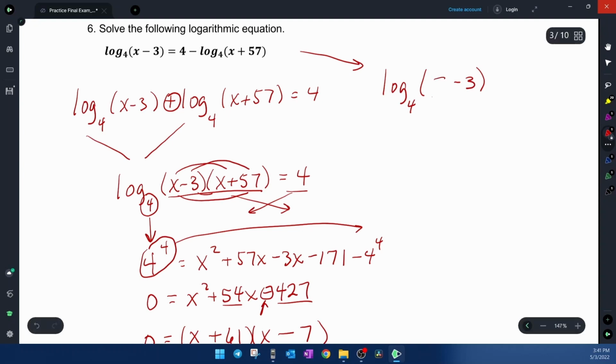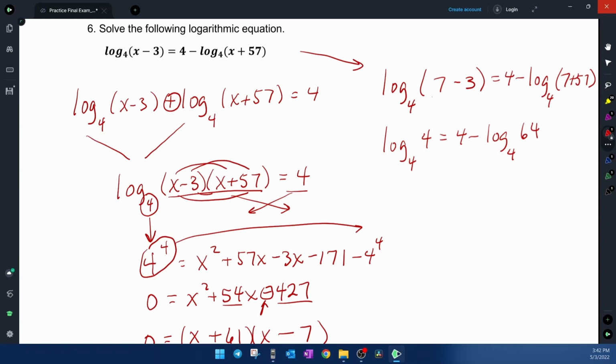That's log base 4 of 7 minus 3 equals 4 minus log base 4 of 7 plus 57, which will simplify to log base 4 of 4 equals 4 minus log base 4 of 64.